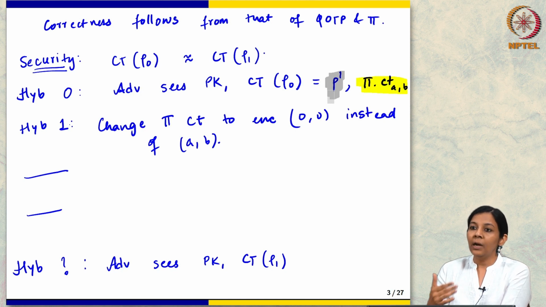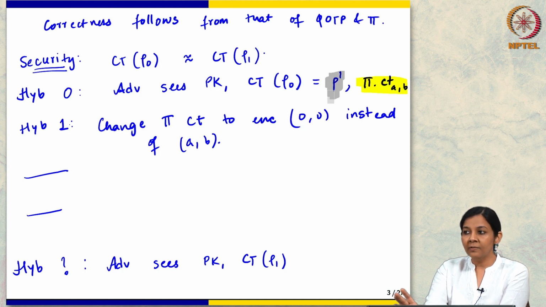And moreover, if that were my goal, then I could just throw away this rho prime and compute a new rho prime, right, with some other a prime b prime. And so what if the two are inconsistent? So what if I have encryption of rho 1 using a prime b prime and ciphertext for some a b.